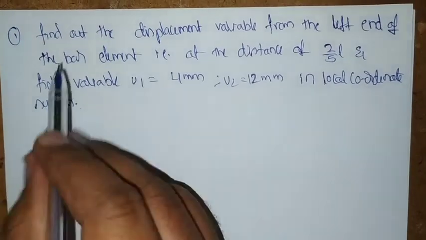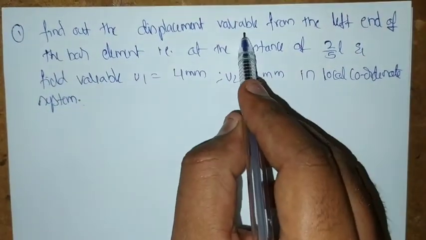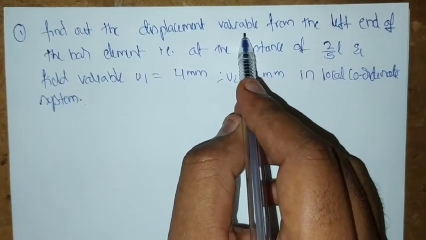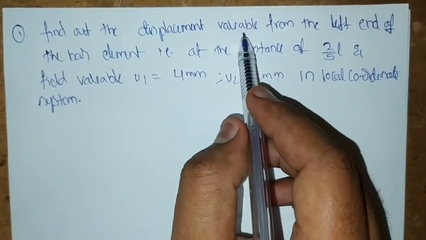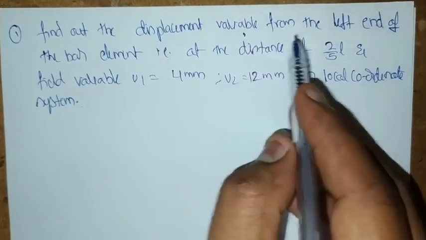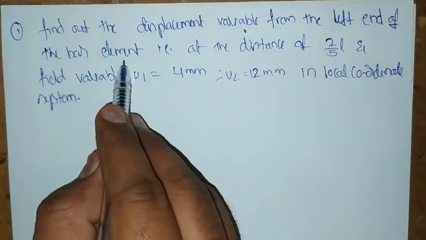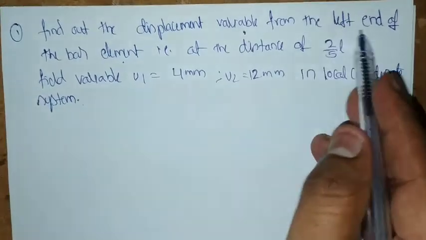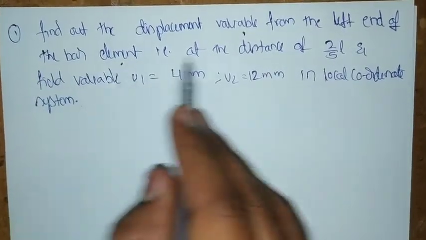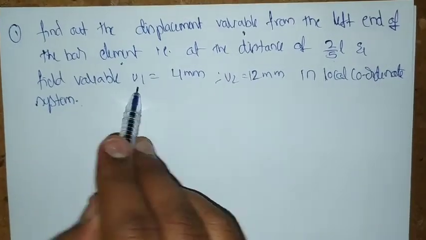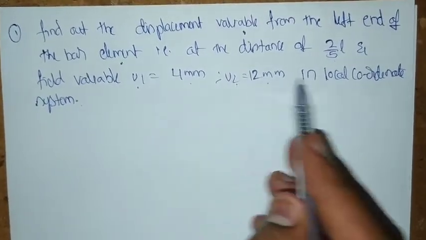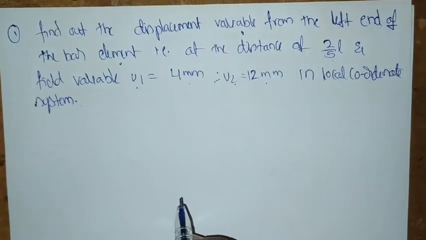See here, we have to find out the displacement variable, nothing but n1 and n2. The displacement variable u we have to find out from the left end of the bar element. From the left end of the bar element, he has given a distance of 2 by 5 L, and field variables u1 is equal to 4 mm, u2 is equal to 12 mm in the local coordinate system.